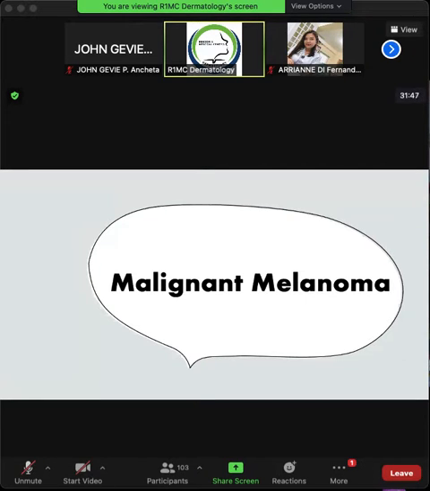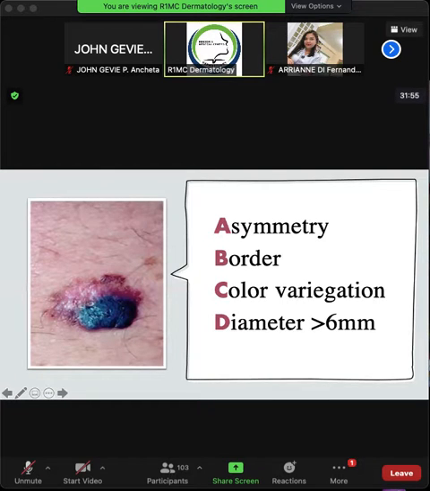So we move on to your malignant melanoma. Your ABCD criteria is actually helpful for the detection of your melanoma.